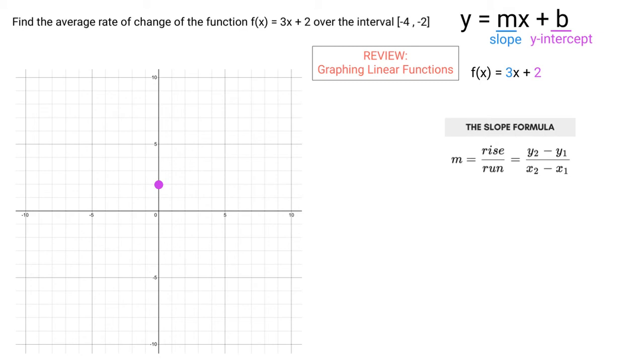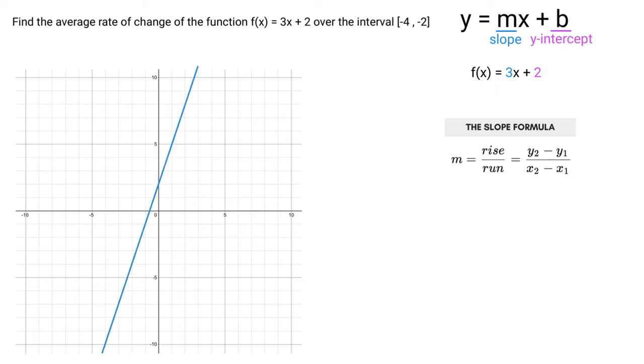The next step is you use your slope formula, or rise over run, to find the second point. So the slope here is 3, or 3 over 1. It's like an invisible 3 over 1 there. So your rise is going to be 3. You're going to go up by 3, 1, 2, 3, and then over by 1. And there's your point, and there's your line.